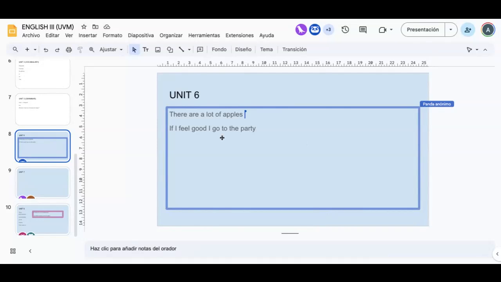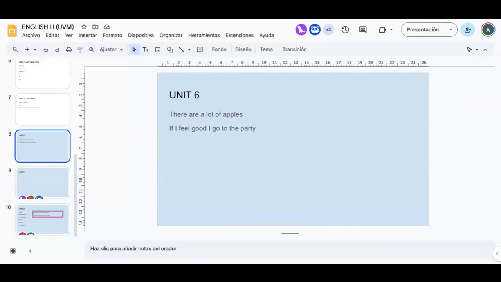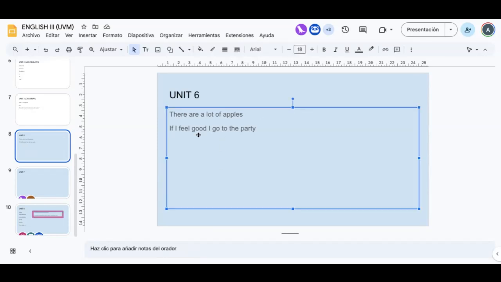If I feel good, I go to the party. Well, if I feel good, I go to the party. This is why I want to do a lot of things. I don't know if we're going to have time. Do you remember in which cases we use present plus present? Because remember, that's another trick for conditionals.